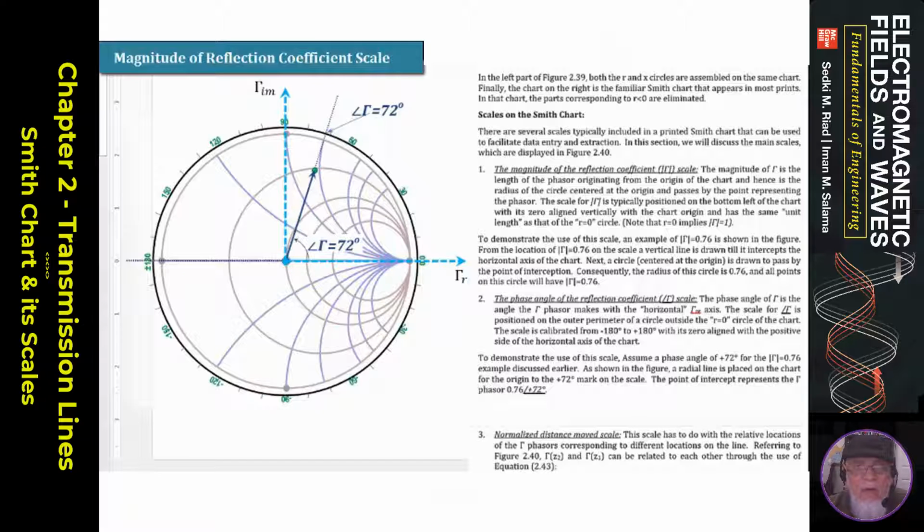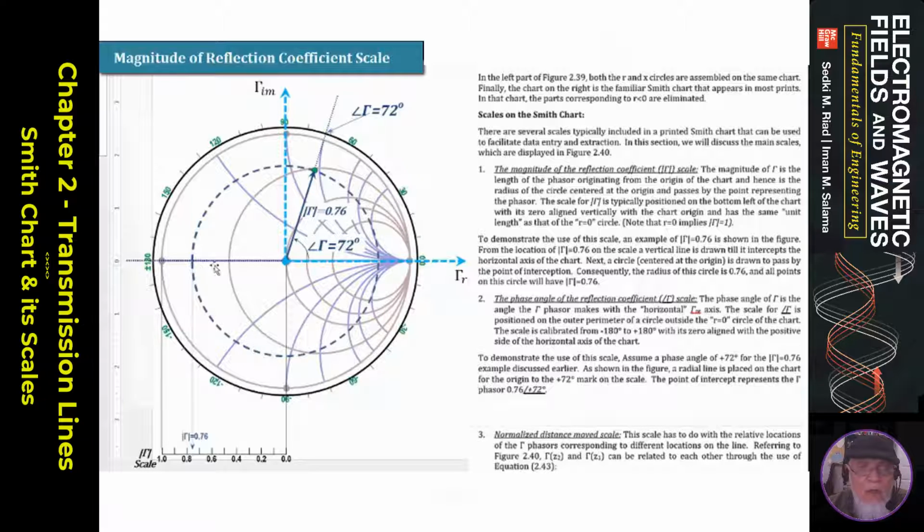To get the magnitude, what we do is draw a circle that passes by this point, like this. And now we look at the radius of that circle, which is the same as the gamma magnitude itself. That radius here is a portion of the radius of the R equal to 0 circle. Remember, this R equal to 0 circle, the radius of that is supposed to be unity.